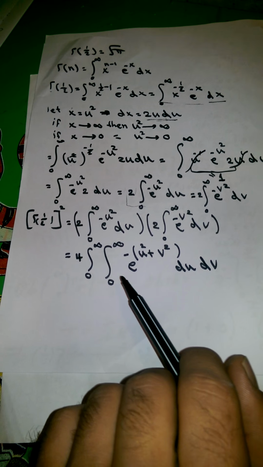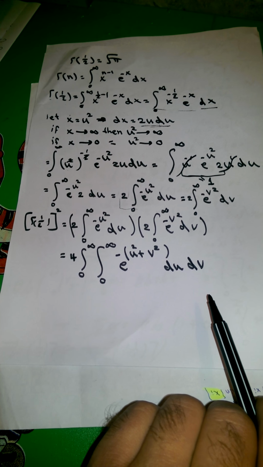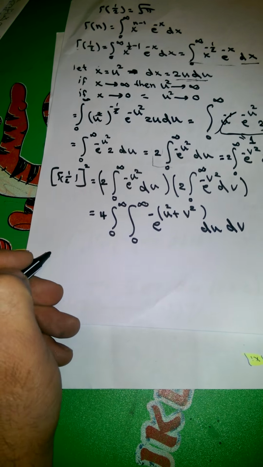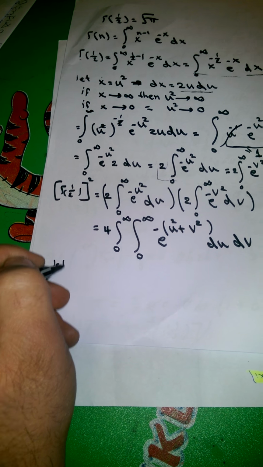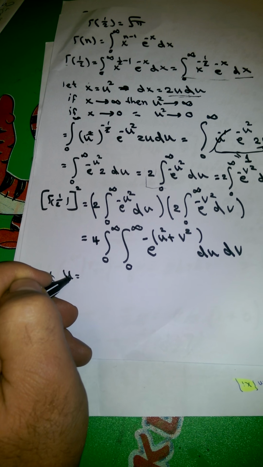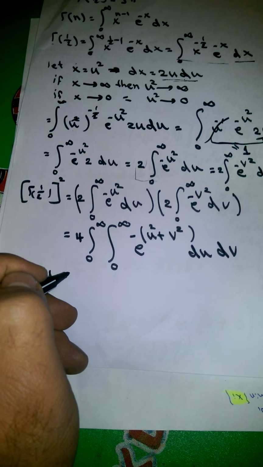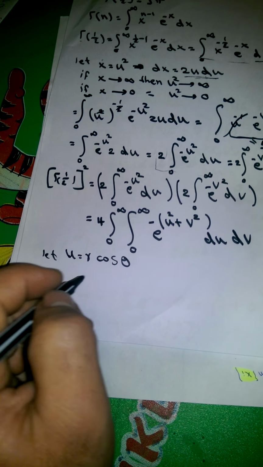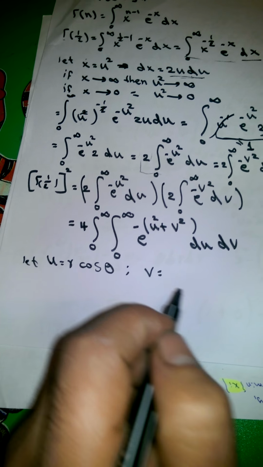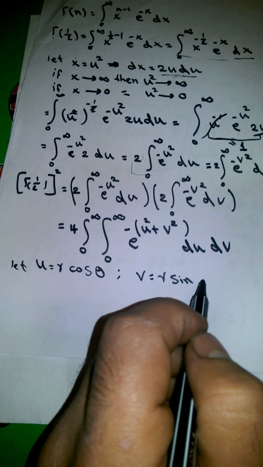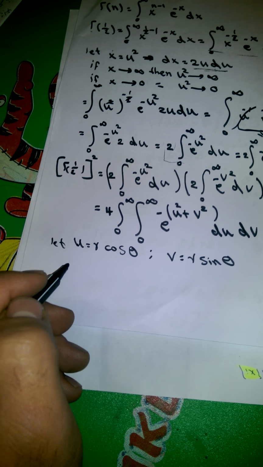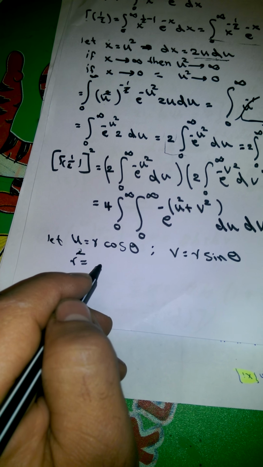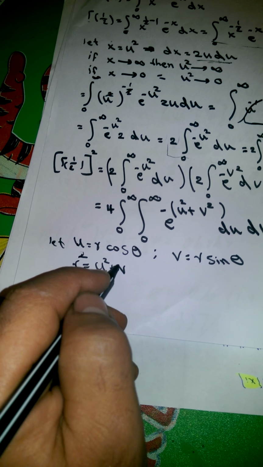We have to change it to polar, and to change this to polar we let u be equal to r cosine of theta and v equal to r sine of theta, and r square is equal to u square plus v square.